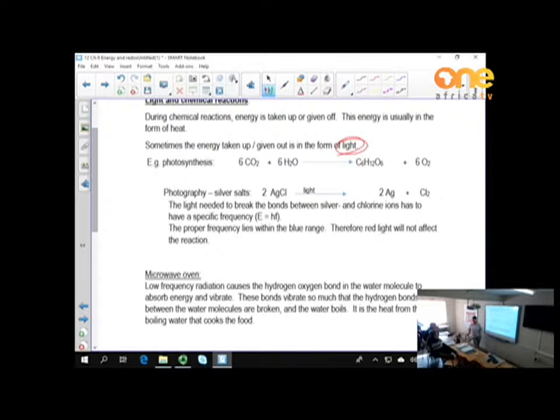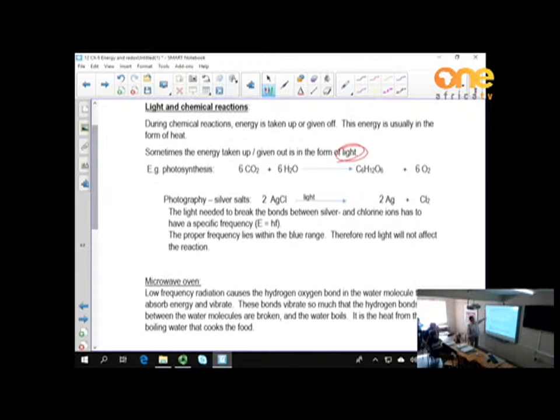Magnesium, when it burns, gives off energy in the form of heat and light, very bright white light. Do you understand? So photosynthesis is endothermic. It requires light. And I've just got the equation there for photosynthesis on the board. You should know that one. It's not a new one.